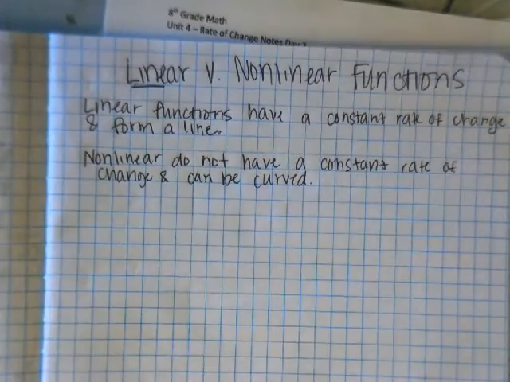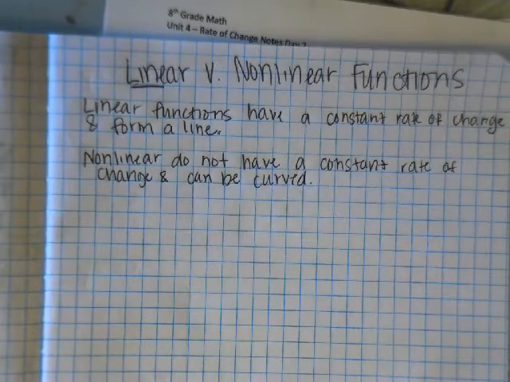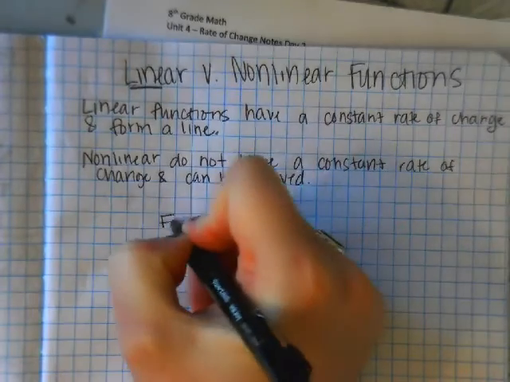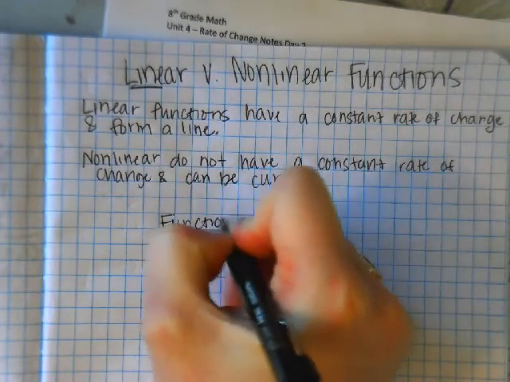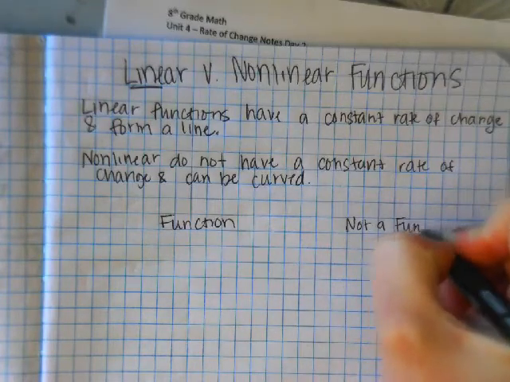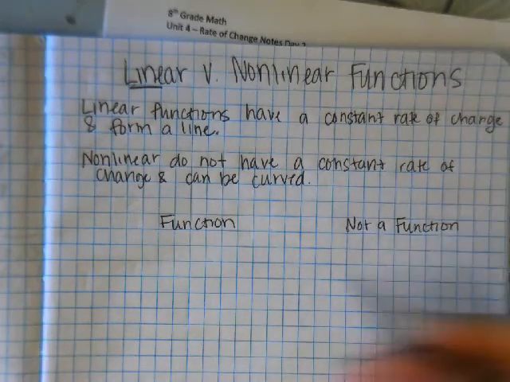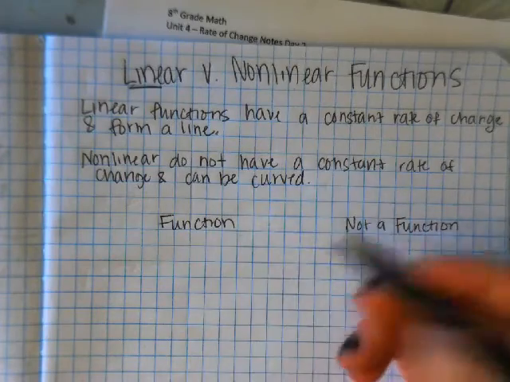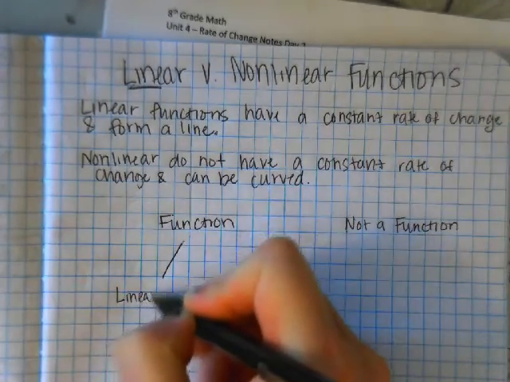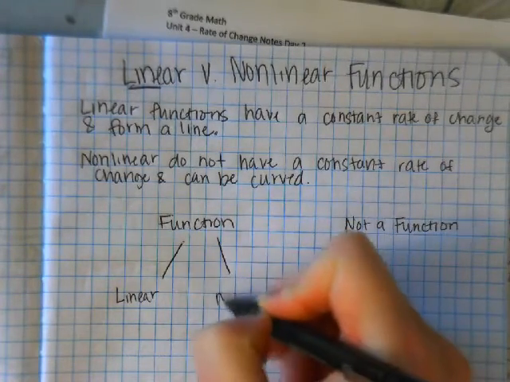But within functions, we have classifications, right? So if we look at this real quick, we have function, not a function. And then within function, we have linear and nonlinear.